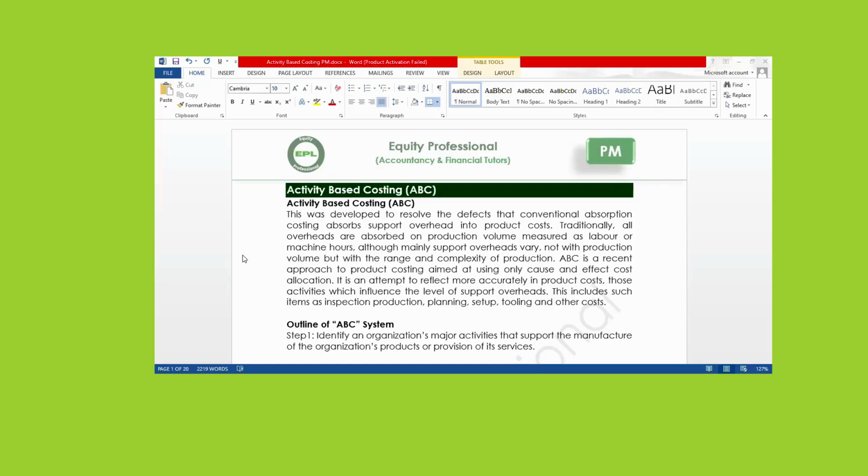A costing method that uses the activities that have given rise to the overhead, the activities that have contributed to the overhead, as a basis for apportioning the overhead cost.